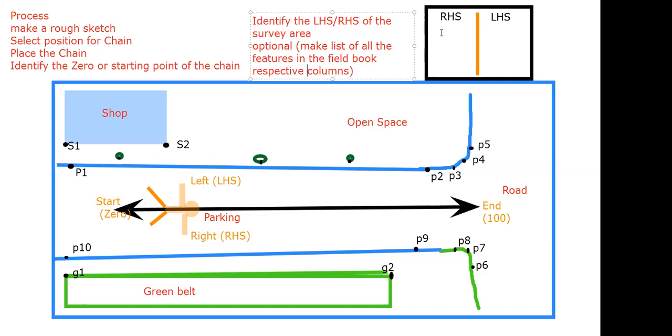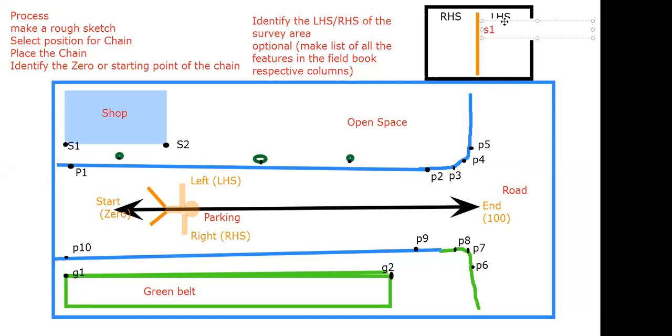Respective columns. So here in the left hand side we have S1. The field book is too small. So in the left hand side over here we have S1.